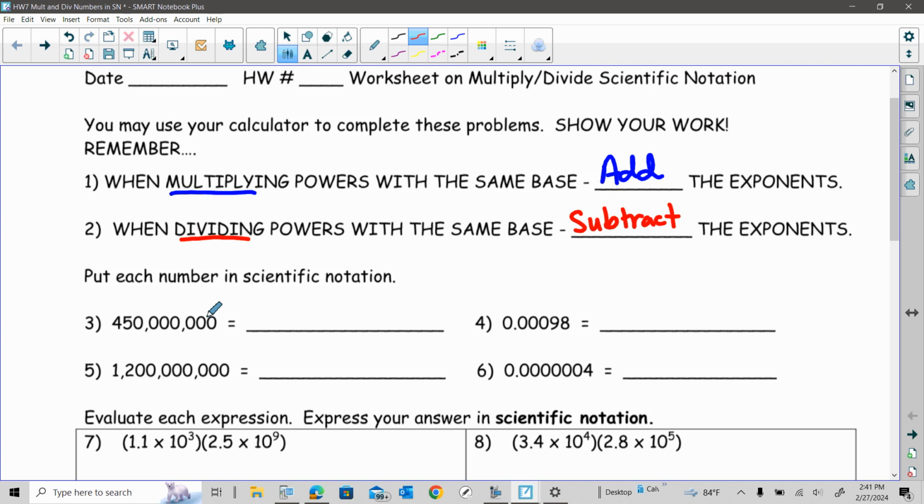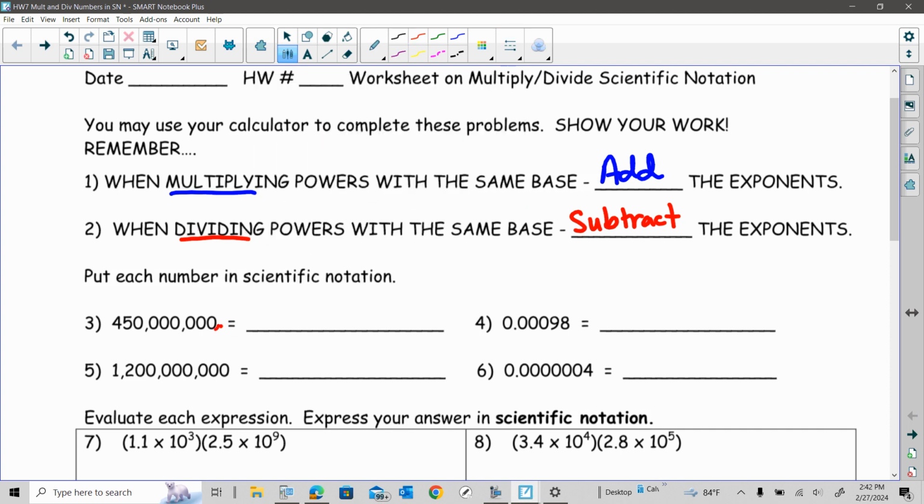Now, to put in scientific notation, we have to have a number between 1 and 10 times base 10. Now, this is too big. On this 450 million here, we would have to see that the decimal is at the end, behind the 0 here.